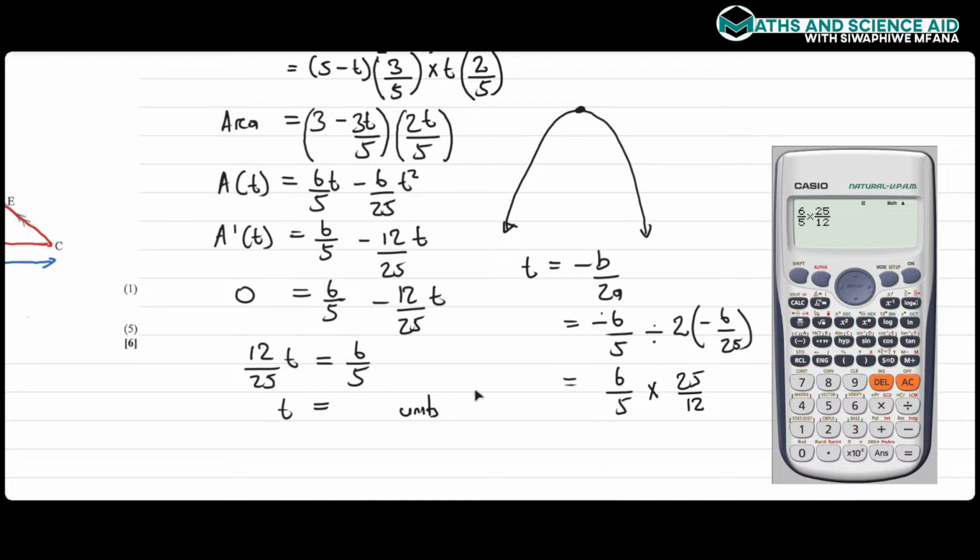So you multiply this 6 over 5 by 25 over 12, the reciprocal, to cancel out the 12 over 25 on the left-hand side. So the correct answer here is 5 over 2, which is 2.5, and you can get it using either way.